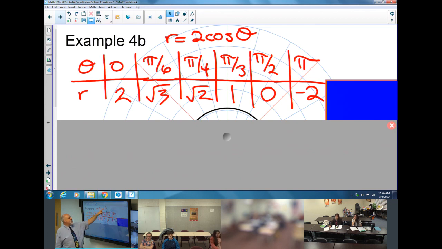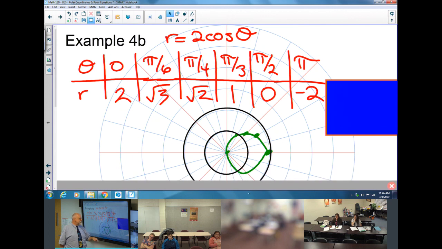The cosine of 0 is 1 times 2 is 2. Cosine of pi/6 is radical 3 over 2 times 2 is radical 3. The cosine of pi/4 is radical 2 over 2 times 2 is just radical 2. You go through and you get these points.